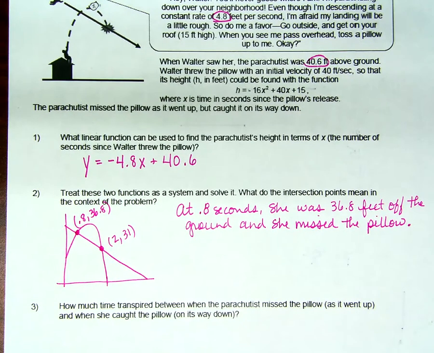From that sentence, can you do the second point? Do it by yourself quietly, and then we'll come back together and make sure you have it all.